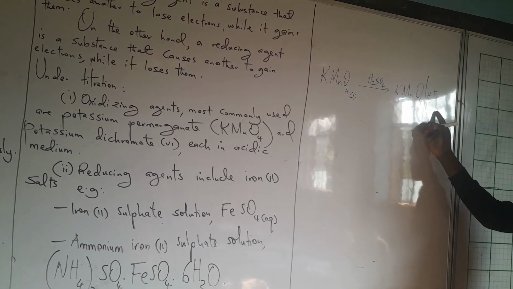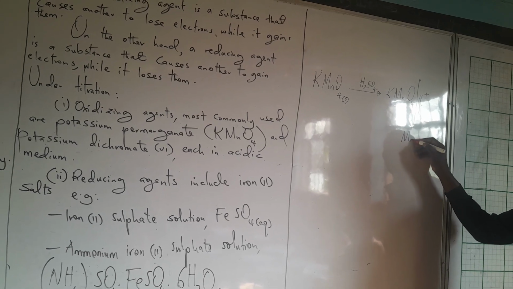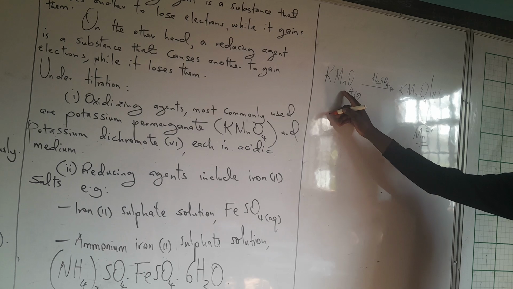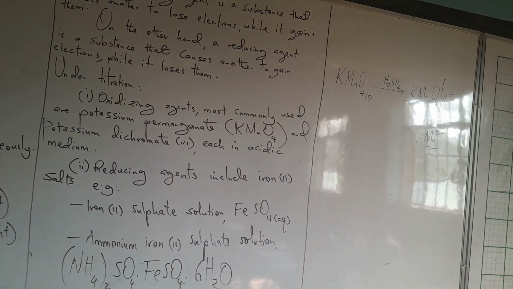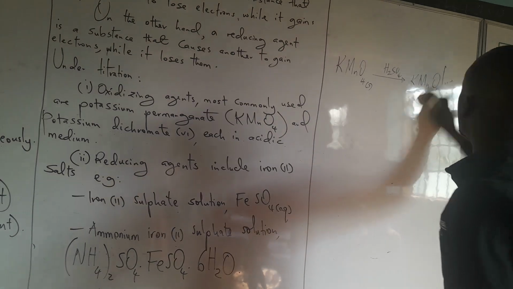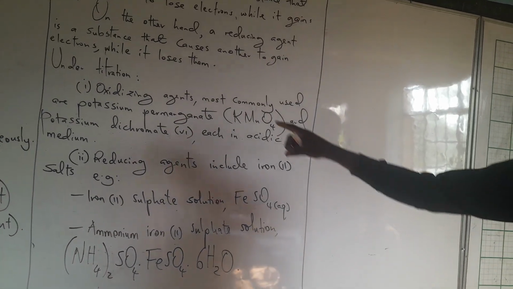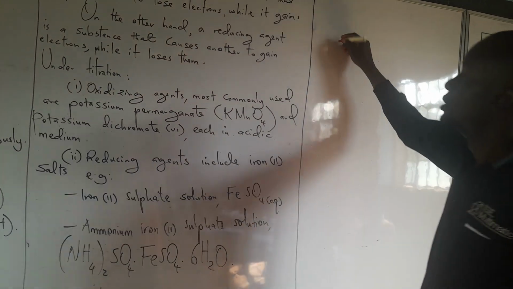This one is the one that is going to provide manganese(II) ions in solution, but this one does not. Now let me demonstrate how oxidation and reduction take place.